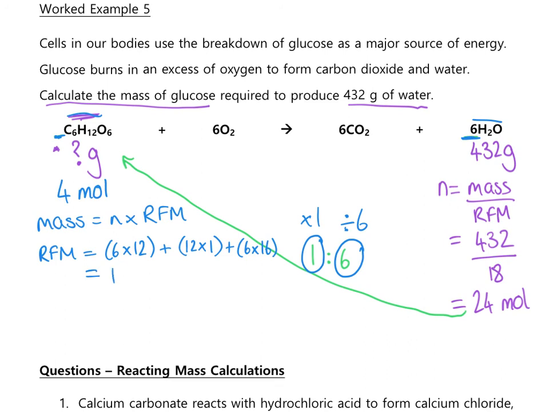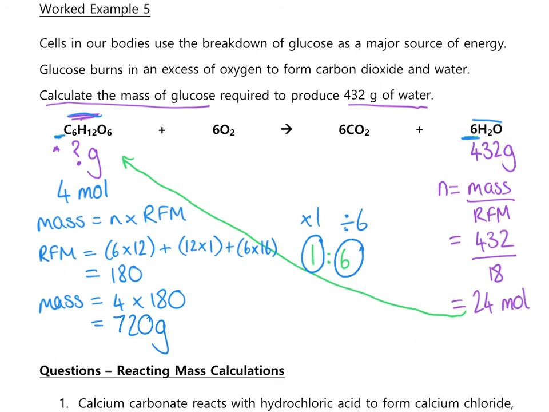That gives me a total RFM of 180. Therefore my mass is 4 moles times 180, which is 720 grams.